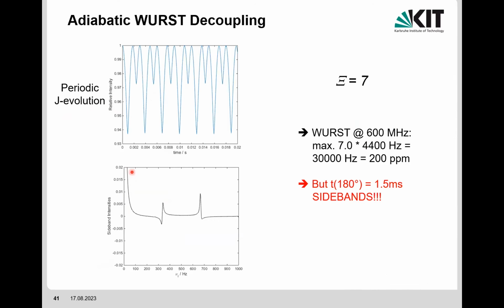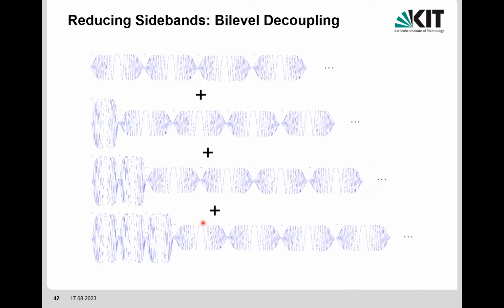Just to show you a bit, so you have here this modulation of the signal because of a coupling. And now when you Fourier transform this signal, then you end up here with the sidebands. You know that from before. So these two harmonics. However, now you can add up scans.